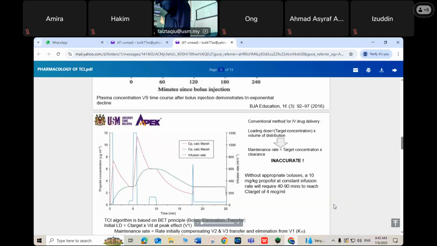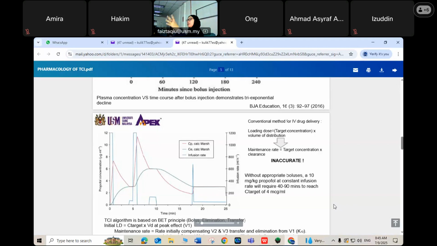with conventional drugs, we use the BET, okay, loading dose and the maintenance rate. Actually, to achieve, let's say, a target of 4 mcg per mL, you need to take nearly an hour. So with TIVA, it's actually very difficult for us to achieve a proper serum concentration that we want.